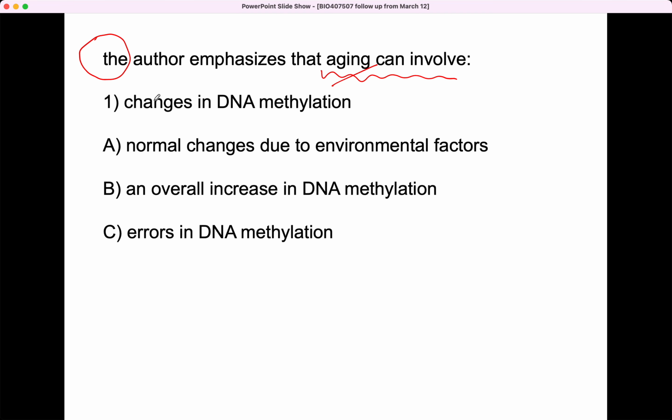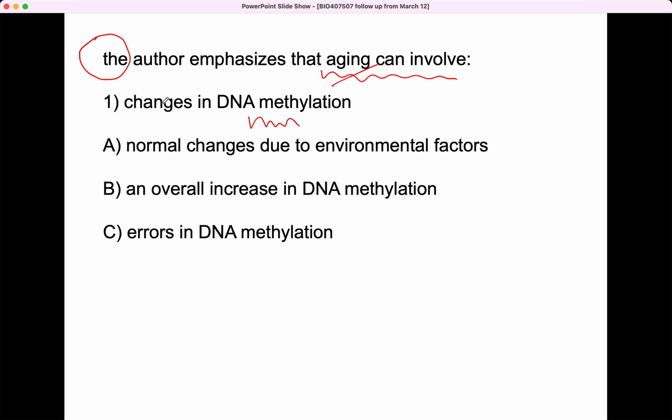And one of them, that I don't think was mentioned in that FOXO summary, is that aging can involve changes in DNA methylation. We talked some about DNA methylation and how it can decrease gene expression. So that can play a role in phenotypic plasticity, and it can play a role in aging.